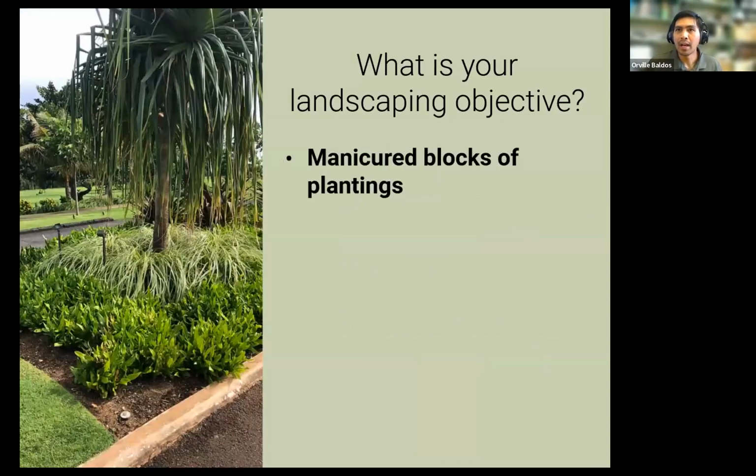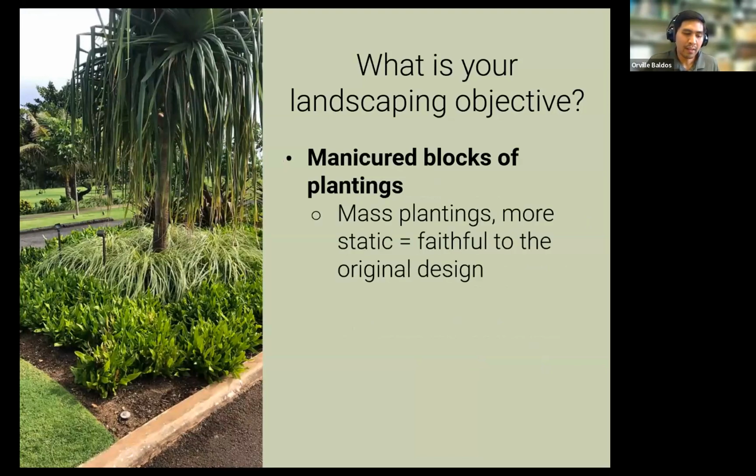Okay, if you're doing manicured blocks of plantings, these are described as landscape designs that have mass planting. So you have a block of single species that's planted together. These types of landscapes are more static, and they are maintained in such a way so that they're faithful to the original design, so it maintains its block or shape.